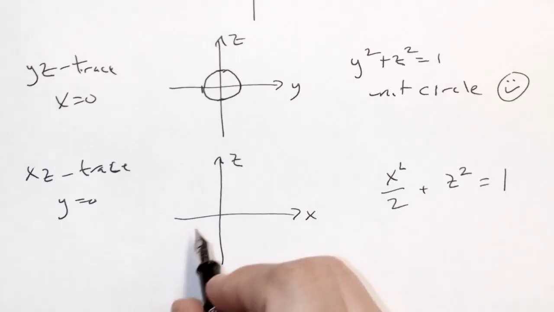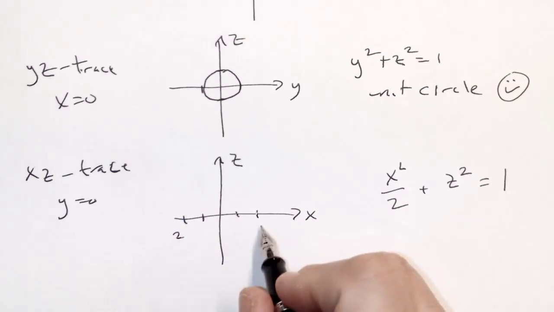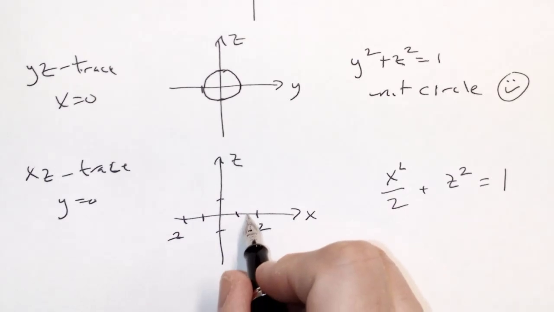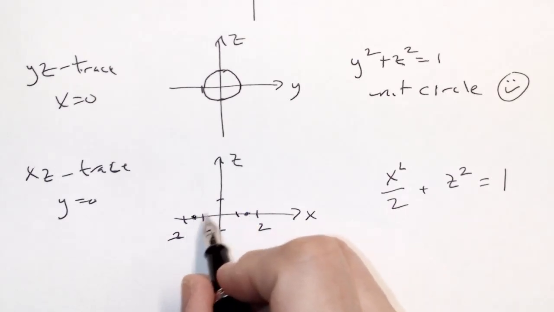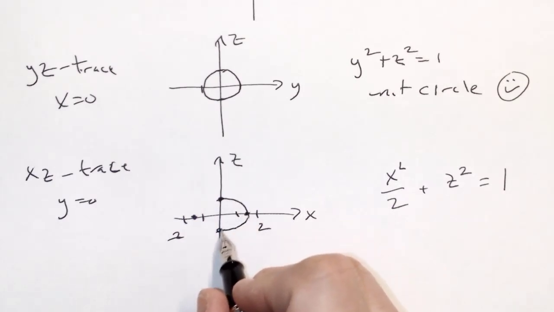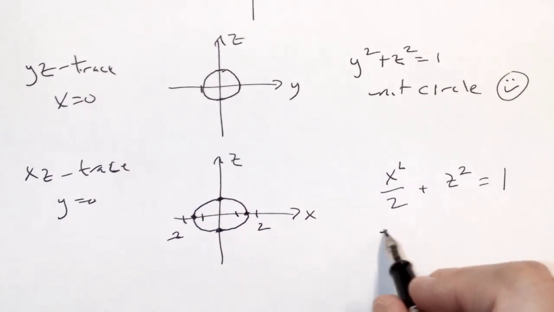And it's an ellipse the same size as the ellipse we had in X and Y.